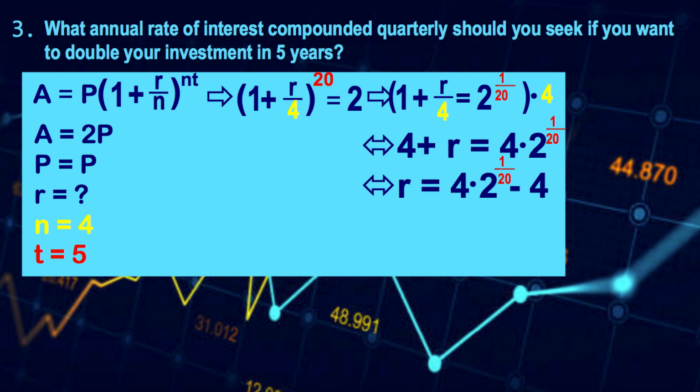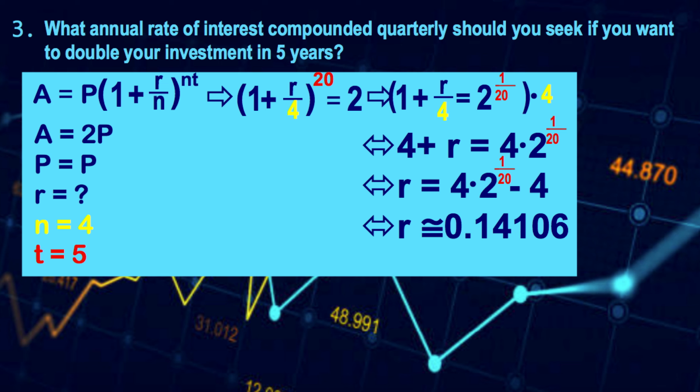Subtract both sides of the equation by 4, equivalent to rate equals 4 times 2 raised to the power 1 over 20 minus 4, and we compute using a calculator, obtaining an approximate value of R as 0.14106. Convert this into a percent.